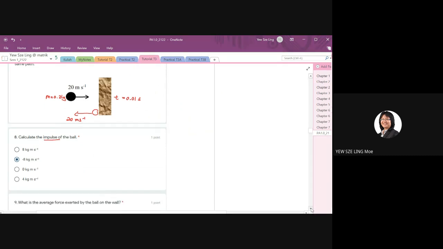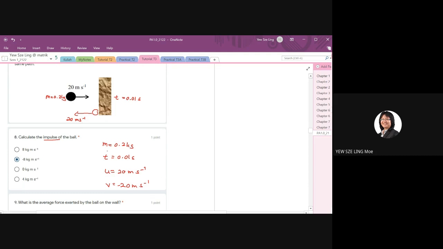Now, when it comes to this type of question, usually students forget about the sign. Okay, the question tells you it's being rebounded with the same velocity, but now it's in the opposite direction. So the information that we have right now is m equals 0.2 kg, t equals 0.01 second. If you take the initial velocity as the positive direction, then your final velocity must be in the negative direction, because it's being rebounded.